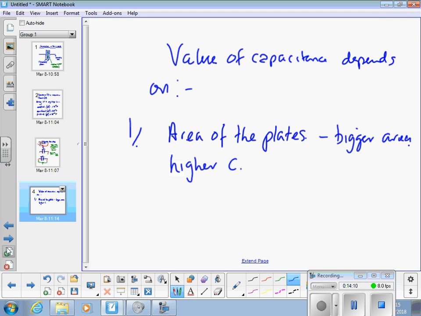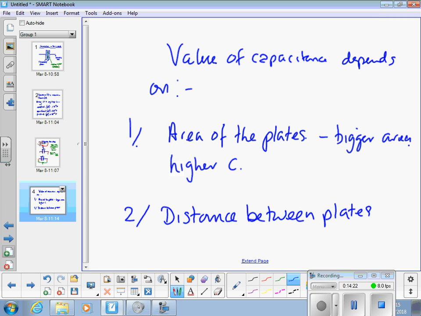Two, distance between plates, i.e. we're talking about the thickness of the dielectric.